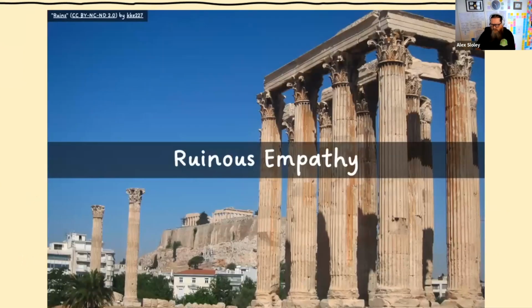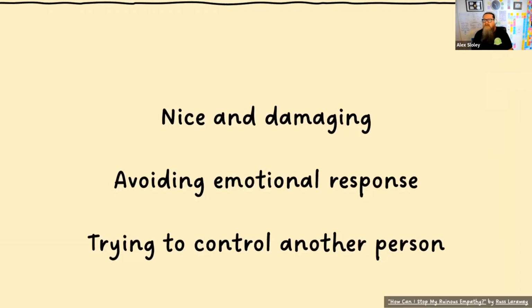So let's talk about ruinous empathy. Ruinous empathy is when you say something to somebody, whoever it is, and it might be in the form of feedback, that's nice and damaging. Not only is it nice and damaging, it's nice in addition to damaging.